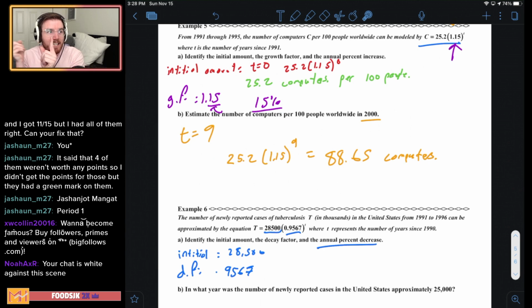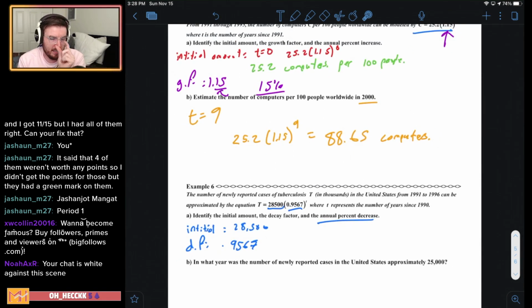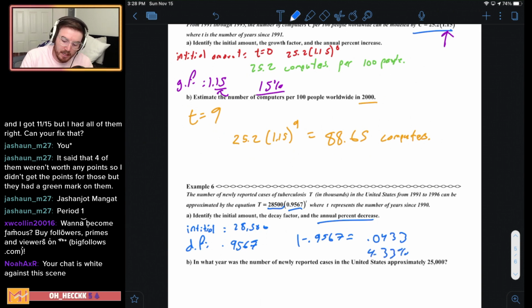0.9567 is not 95% decreased, right? That'd be practically zeroing it out. So this is only a wee bit smaller than 1. How much smaller? 4.33%, right? You see what I did there?